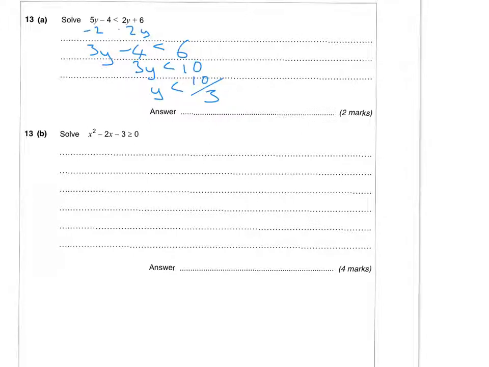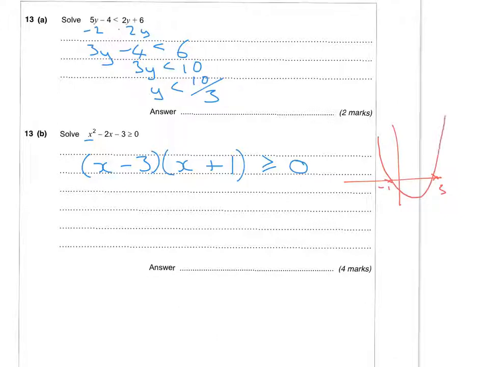Solve, so quadratic, so we need to factorise that. x minus 3, x plus 1 is greater than or equal to 0. I'm just going to sketch a graph of this out to the side. x equals 3 and x equals -1. It's a positive quadratic, so it will look something like that.